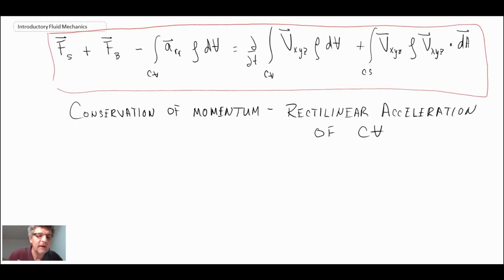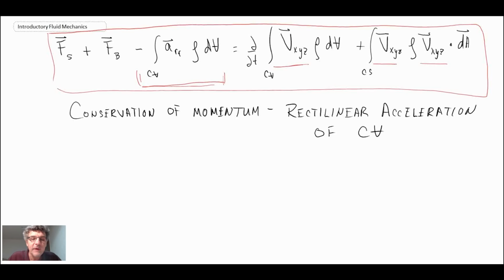And when we looked at control volumes moving at constant velocity, we made a modification: velocities had to be with respect to the control volume that was moving. The modification that we made here for acceleration is this term, and so that's a new term that we need to deal with when we do the analysis.